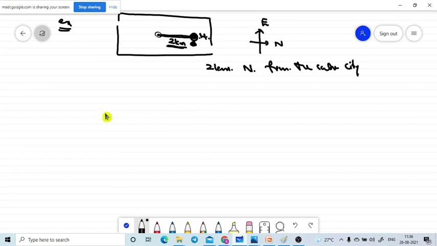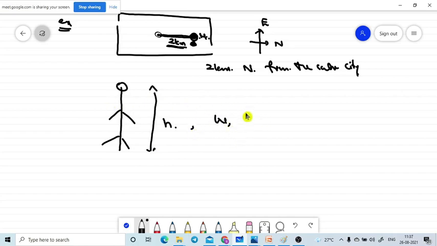If you want to explain yourself, we say your height is somewhat, we need your weight value, and also your color, and different parameters like this to explain about yourself. So these are physical measurements to identify yourself. That is the physical record.